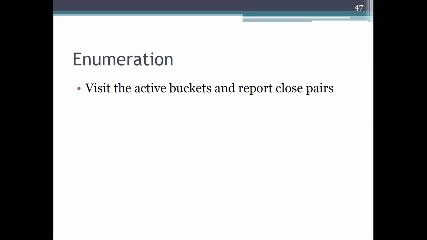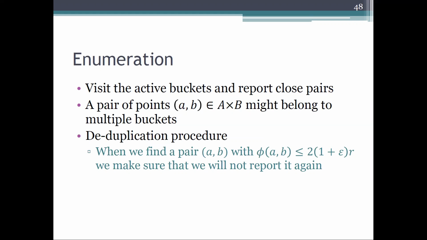For the enumeration, we need to go through all active buckets and report the close pairs we find. After reporting the representative pair of an active bucket, we update the representative pair if there exists one, and we continue until all buckets are not active. One problem that we might face is that a pair of close points A and B might belong to multiple buckets.